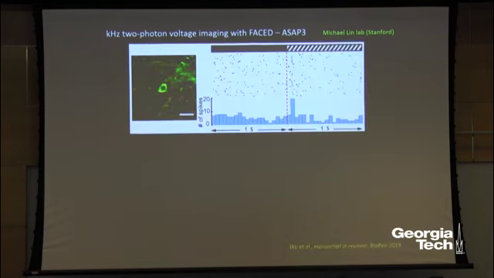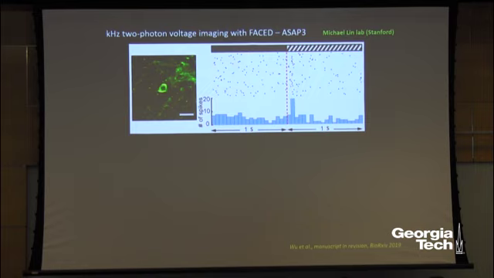Of course, I'm interested in vision, so instead of just looking at the spontaneous activity, we also look at the visually evoked activity. Here is a neuron in primary visual cortex, and those ticks are the optical spikes that we measured when the animal was in the dark versus when we give it a drifting grating stimulus.